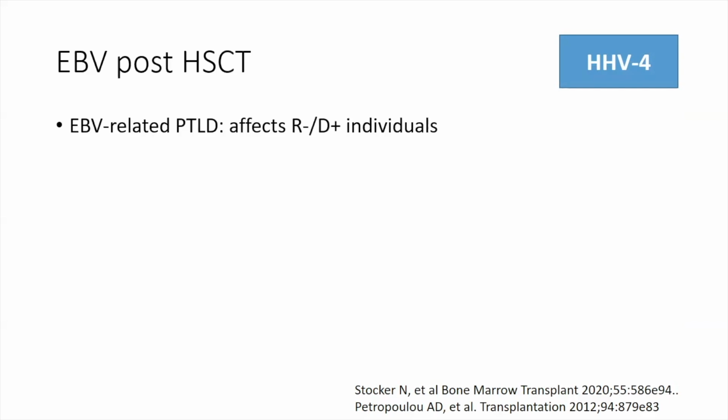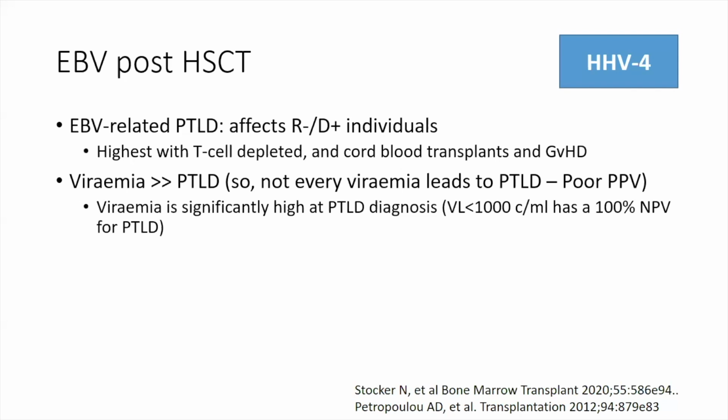The next one is the human herpes virus type 4, which is also known as Epstein-Barr virus, of course, or EBV. And post-transplant, we're really worried about post-transplant lymphoproliferative disorder, or PTLD. This is very much associated with viremia, so very high viremia levels.